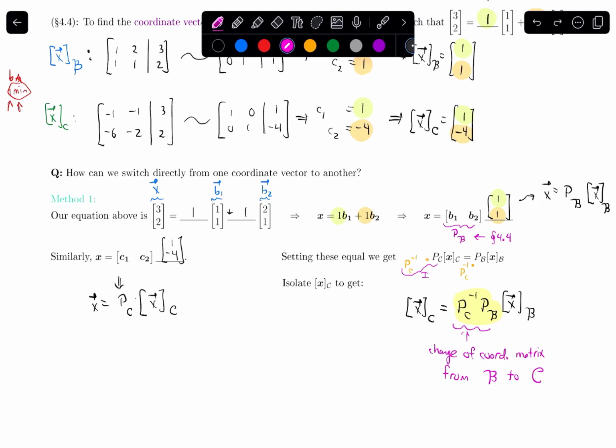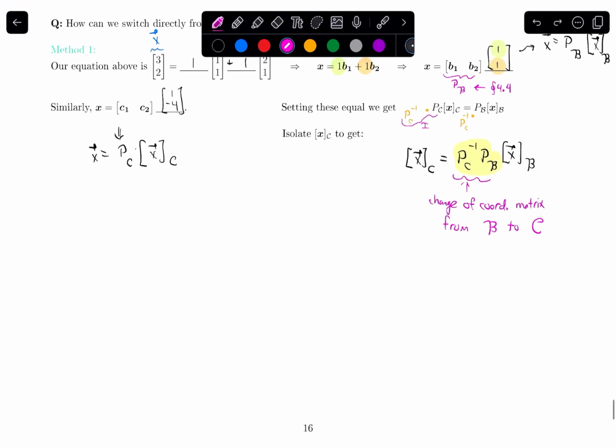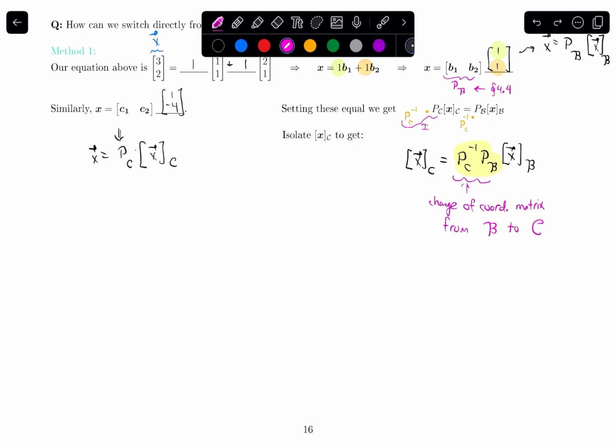So, I can also make sense of this formula more visually. So if I draw a picture, I'm going to have this oval here represent my vector space V. And my vector x that I'm starting with is in that vector space V. And we've expressed x in terms of two coordinate vectors.